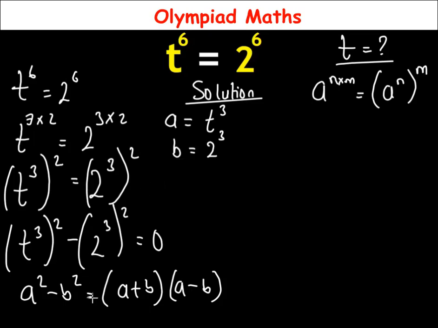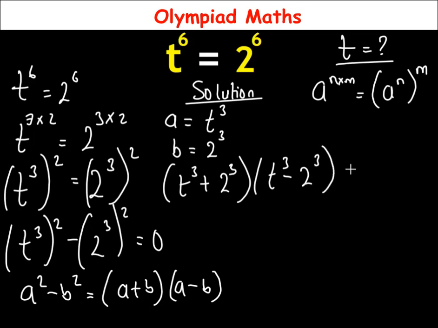So replacing the value of a as this and the value of b as 2 to the power of 3, let's expand this equation. So then we're going to have, in brackets, t to the power of 3 plus 2 to the power of 3, multiplied by t to the power of 3 minus 2 to the power of 3, all equal to 0.